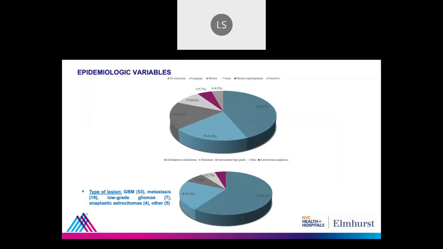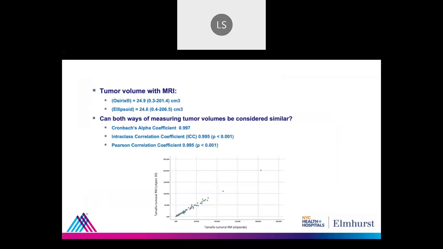And then because we were measuring the tumors on the MRI with two techniques, the ellipsoid formula and also the segmentation, and on the ultrasound just with the ellipsoid formula, we wanted to see if the ellipsoid formula and the segmentation were comparable. So with the volumes that we got on the MRI with both methods for each lesion, we compared them to see if they were similar or not.